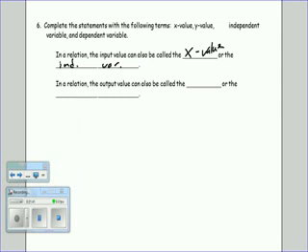Remember, IN is an independent and an input. And in a relation, the output value can also be called the Y value or the dependent variable. You need to know that for tomorrow.